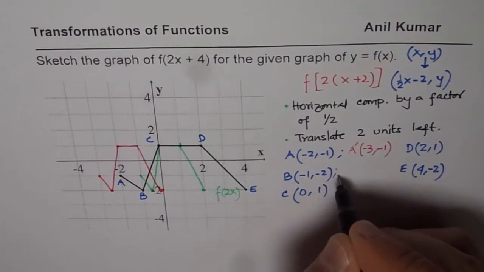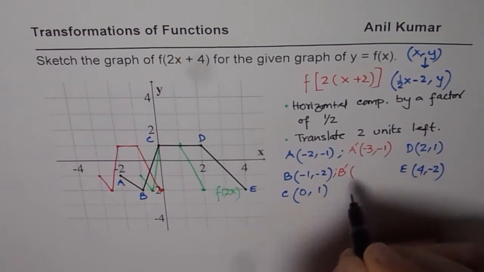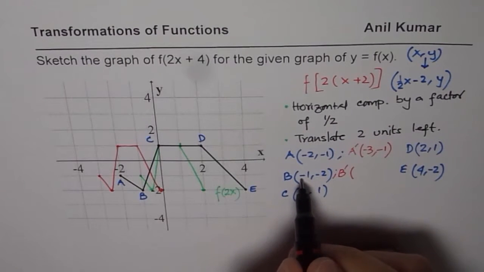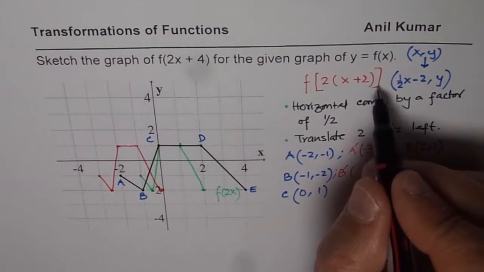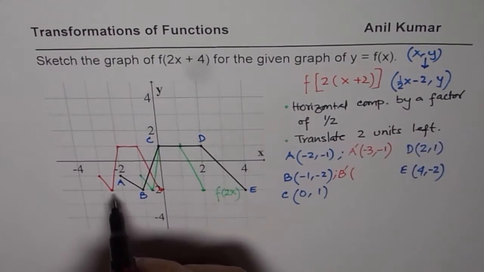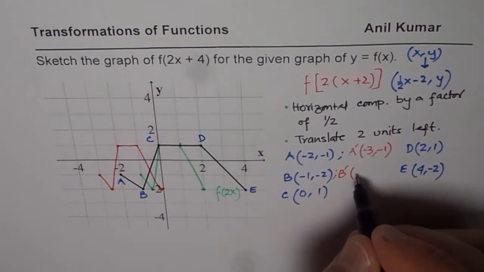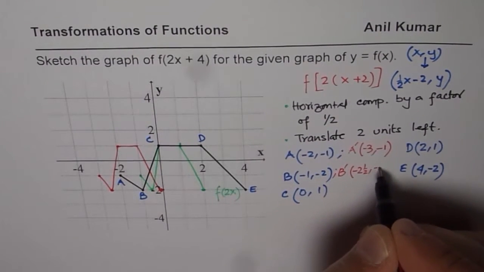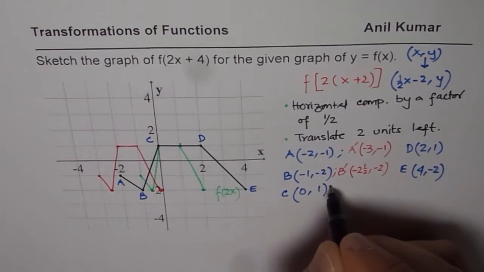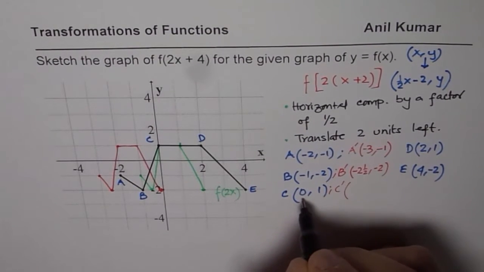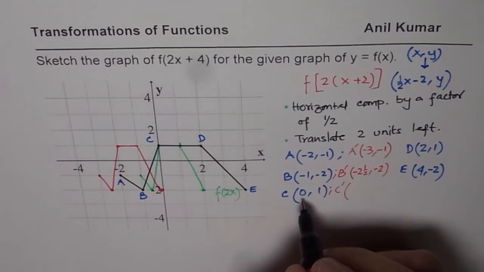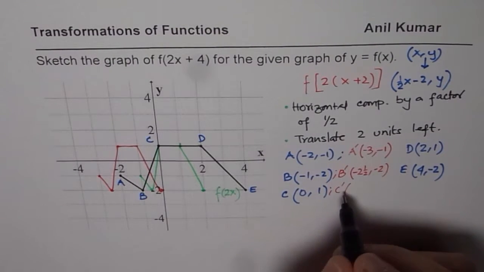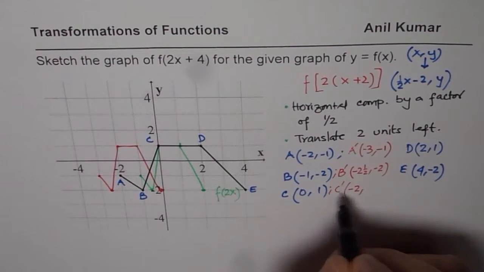Do you see that? The image of B, that is B prime, will be half of minus 1, which is minus half, and then you do minus 2, right? So minus 2 and a half, and the y value will remain as minus 2. C prime will be half of 0, which is 0, but it moves 2 units to the left, so it will be at minus 2, and the y value will be 1.